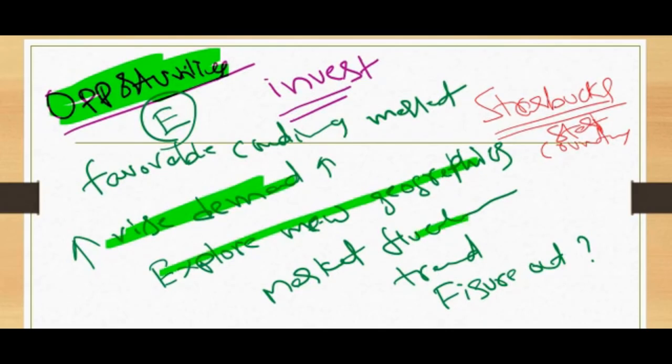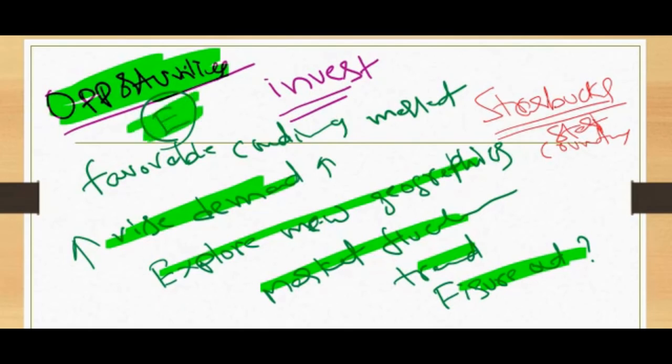Look at the market fluctuations and trends and also figure out which are the best opportunities for you, because every opportunity is not suitable for every business, and mostly these are external factors, right? And the example we have seen is Starbucks, so they can start easily in any country. So that is all about opportunities.